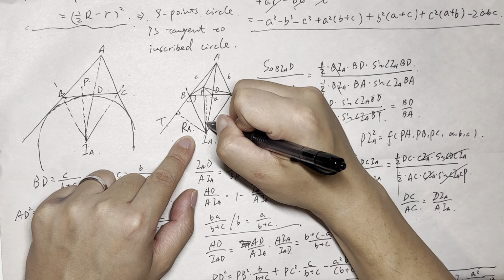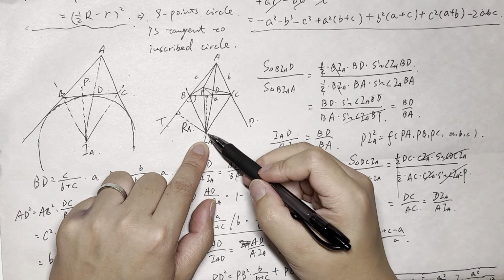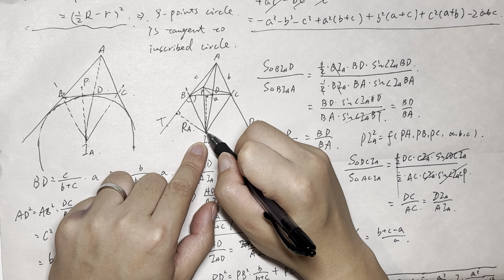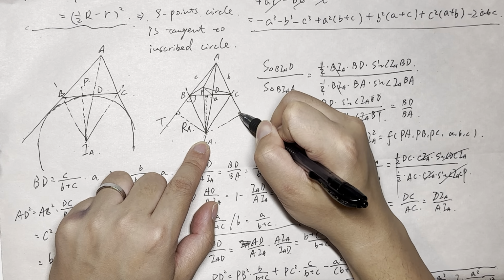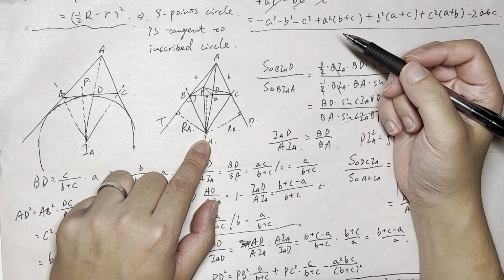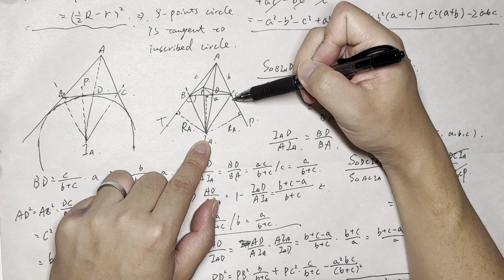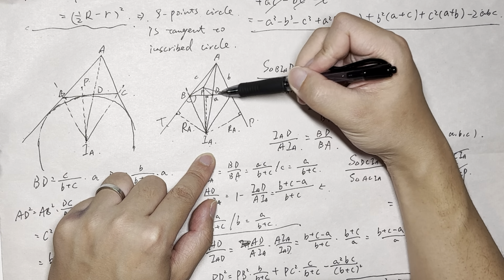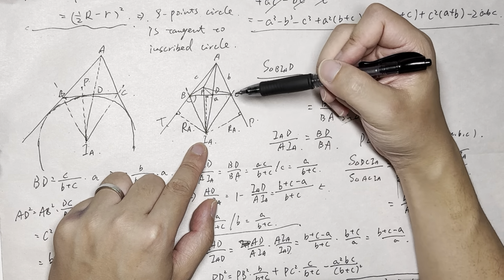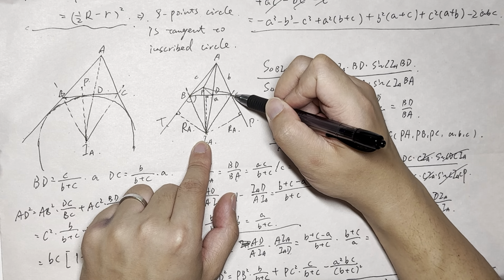Similarly, here is RA, and we know that this circle equals this circle, so it's easy to prove that this triangle and this triangle are identical, right?